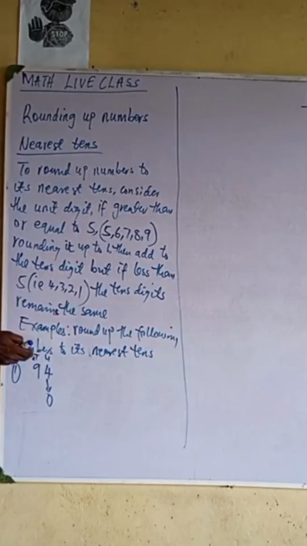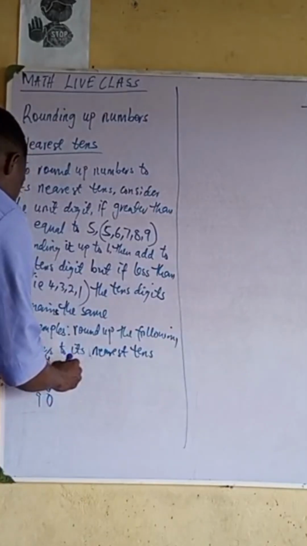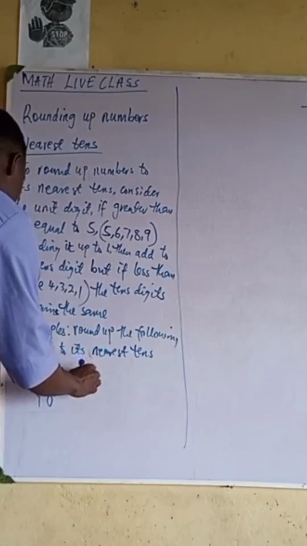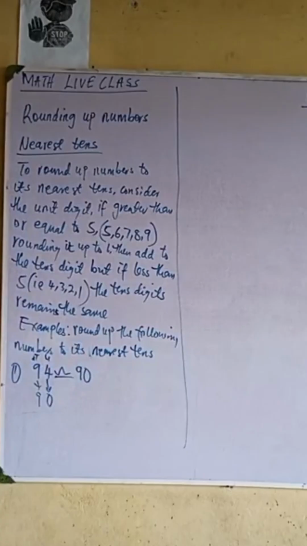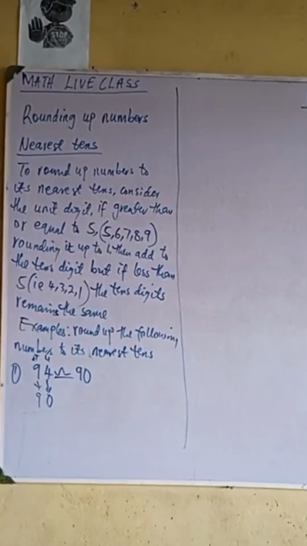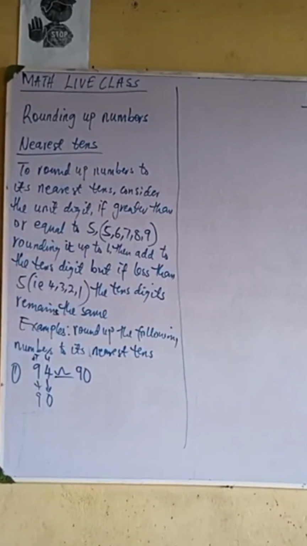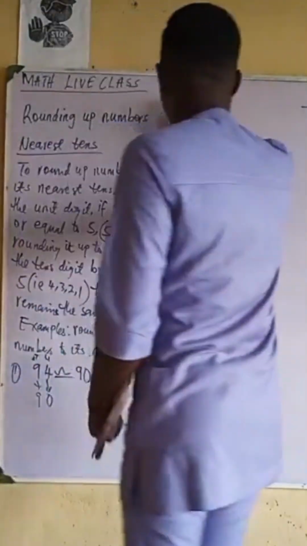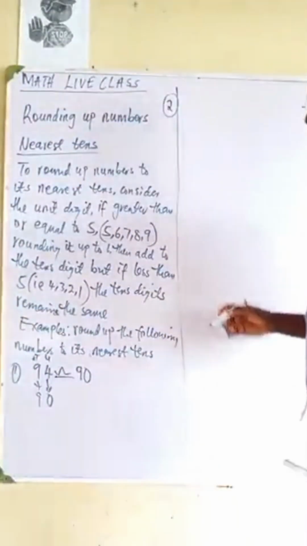So even when you round this down to 0, any number added to 0 is a number. So 9 here, since the rule said that the tens digit remains the same, we bring down 9. So we have 90. So 94 to the nearest tens is 90. 94 to the nearest tens is what? Is 90.